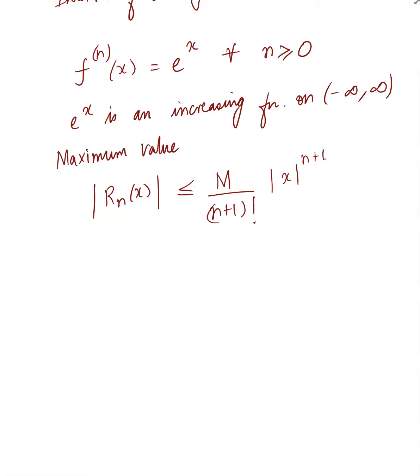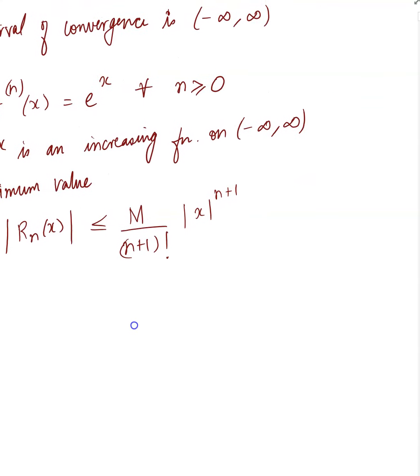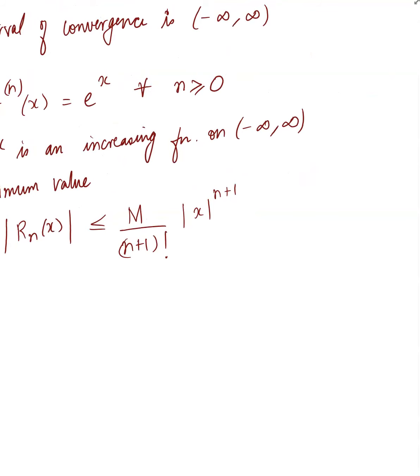Now, the maximum value for e power x in a certain interval, in a certain interval like this, right? This interval would be actually negative b less than x less than b.